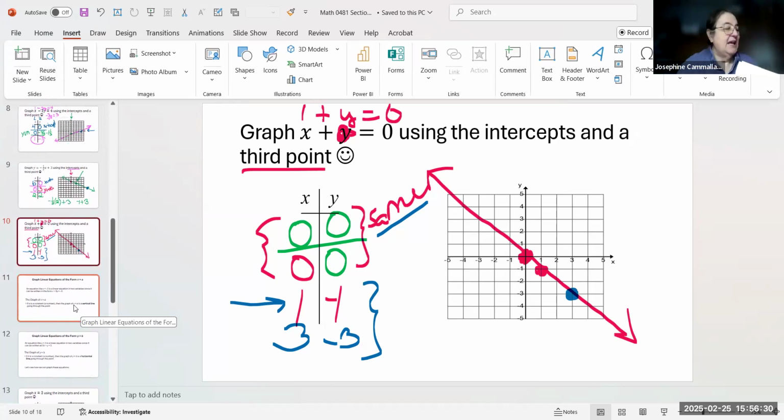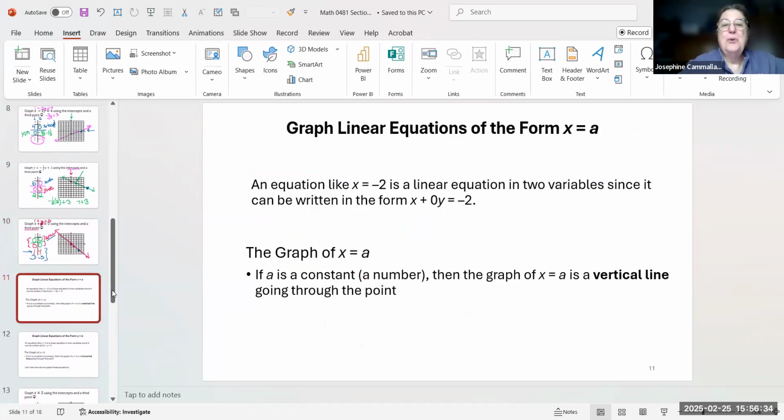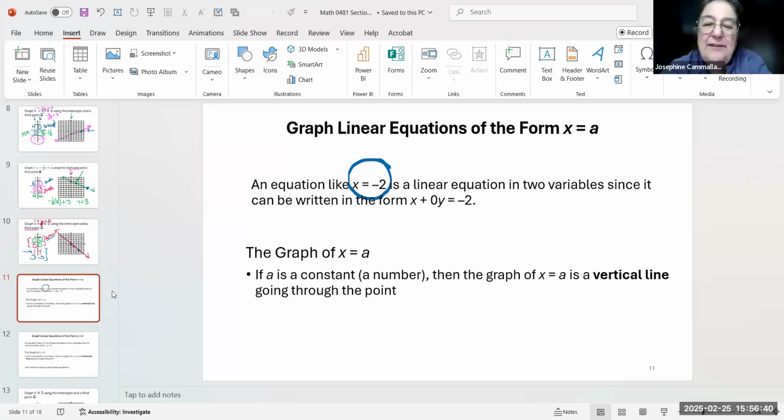Now, here's where some fun is going to come in. Okay, sometimes you're going to be given this equation. Notice there's no y value.